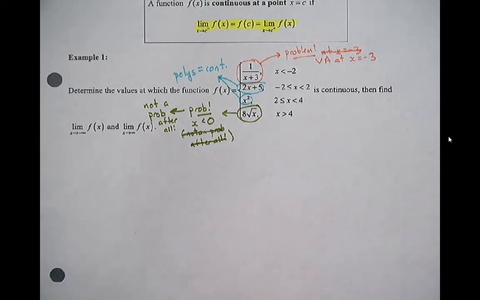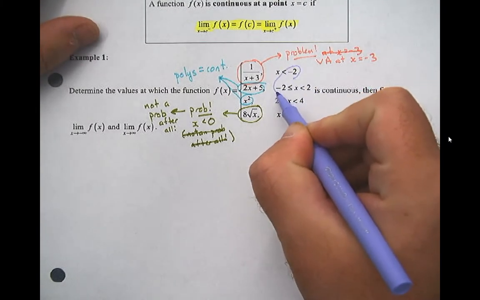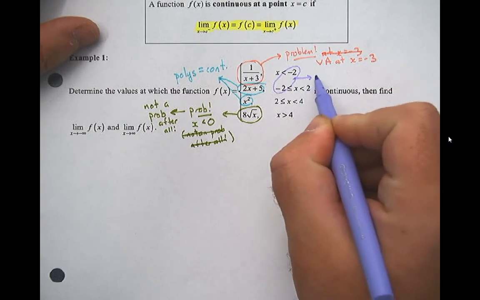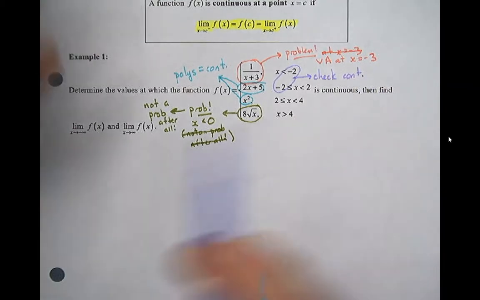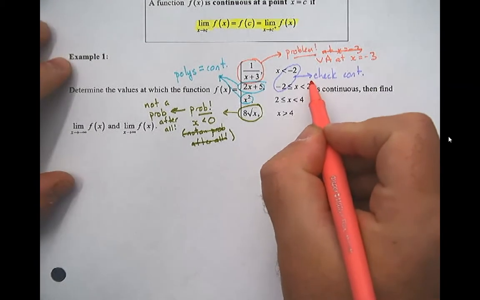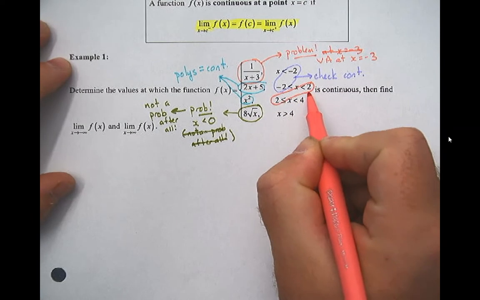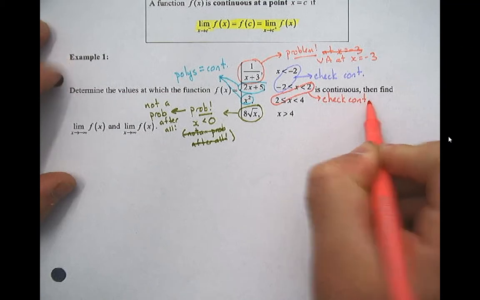Okay, so now what really is tricky in these is looking at the transitions. So as we transition, when x equals negative 2, we need to check continuity. When x transitions from 2 to 2, we need to check continuity.